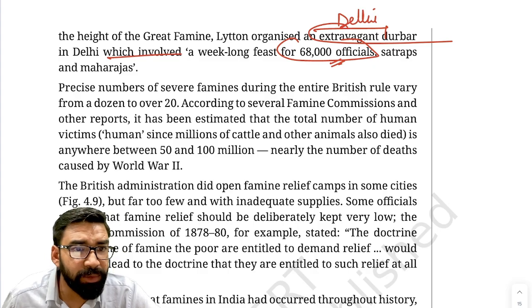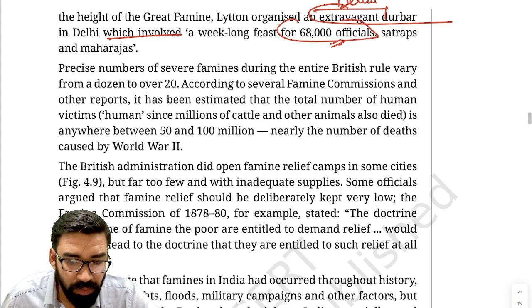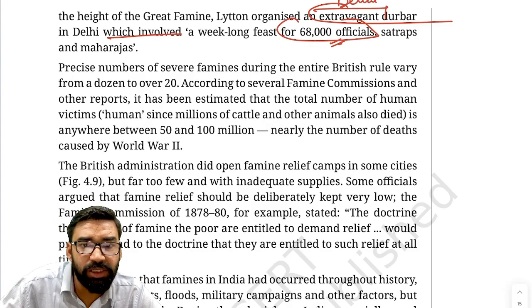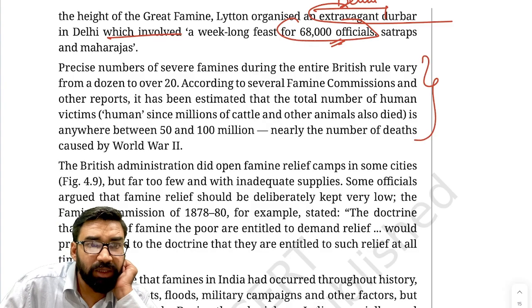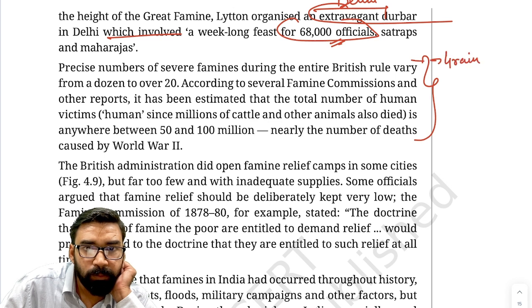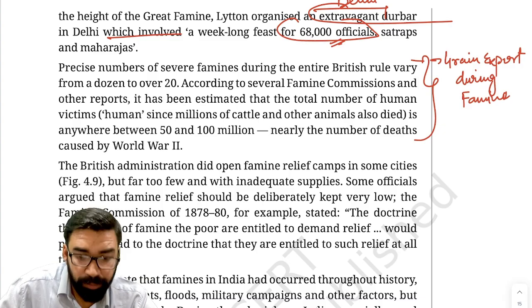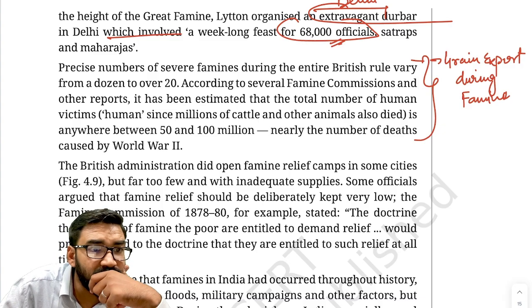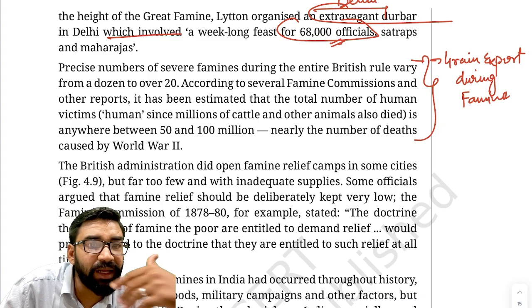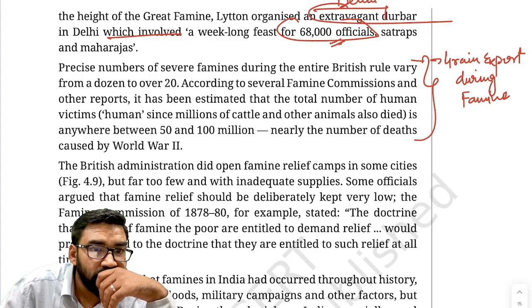Then apart from this, as you can see in this paragraph, grain export during famine. So British administration, they actually continued the grain export during this period also.